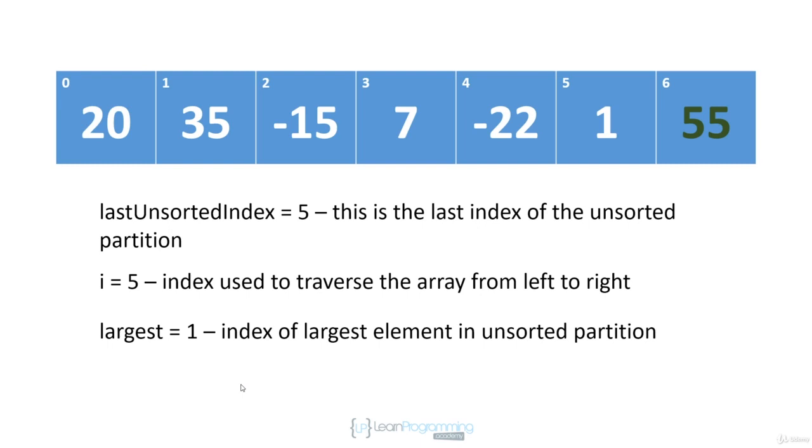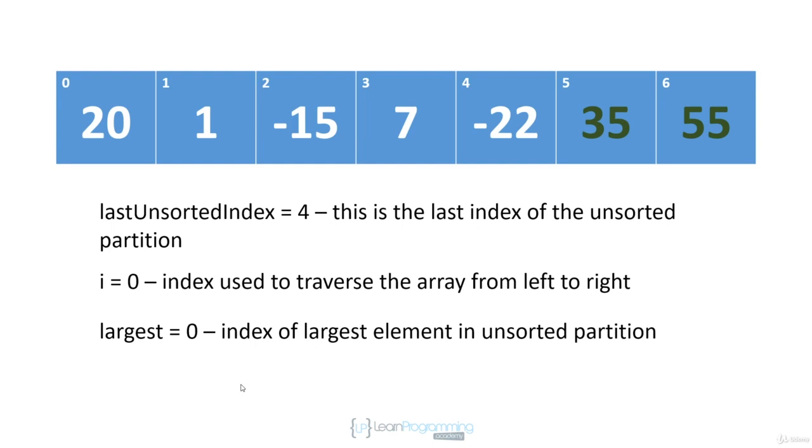What we want to do at this point is swap the largest element, which is at position 1, with the last element in the unsorted partition, which is at index 5. And so we're going to swap 35 and 1. And at this point, 35 and 55 are in their correct sorted positions, and we decrement the last unsorted index, and so now the last unsorted index of the unsorted partition is 4.